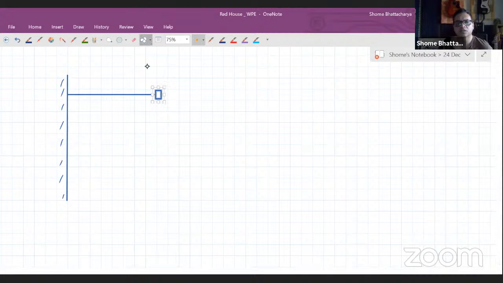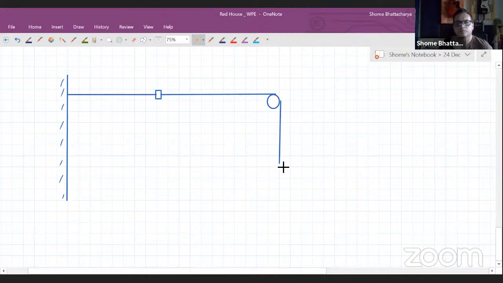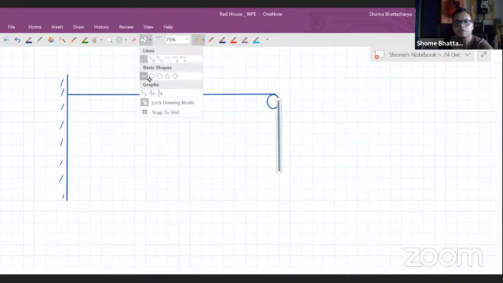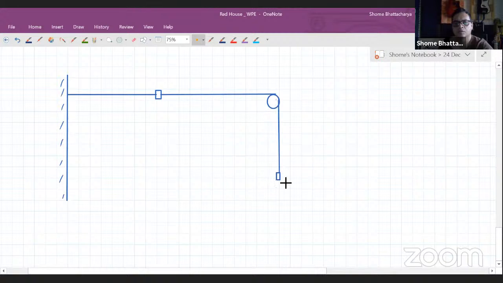So this is actually more like a small particle rather than a block. So this is attached to another thread, which is going around a pulley like this now, holding another block.